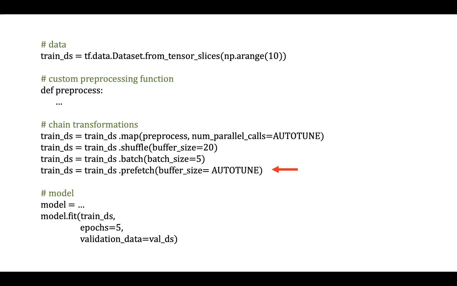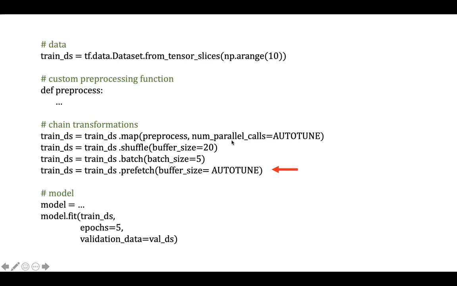This module also provides a very useful parameter or function like AUTOTUNE to set how this processing is happening. For example, you can apply this map function in parallel to samples, because the samples that we have in a set are independent. So we can perform transformation of each sample separately in parallel.